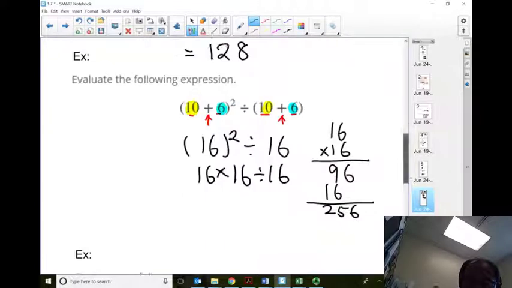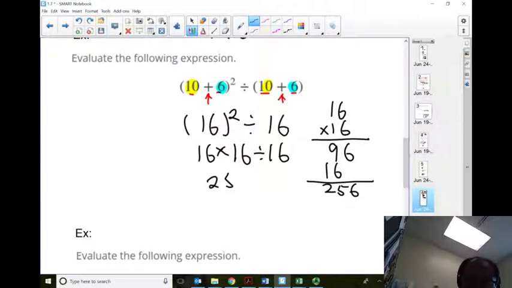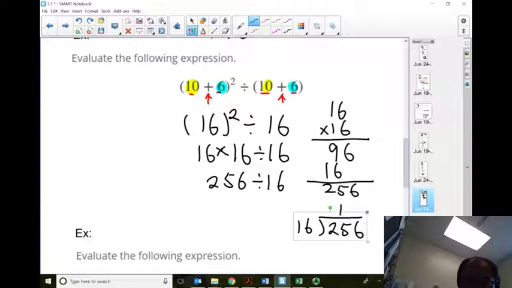256. Now the 256 will be divided by 16. So the answer is kind of like 16, isn't it? Because I just do 16 times 16 to get 256. So when I divide it by 16 again, 16 goes into 25 one time.